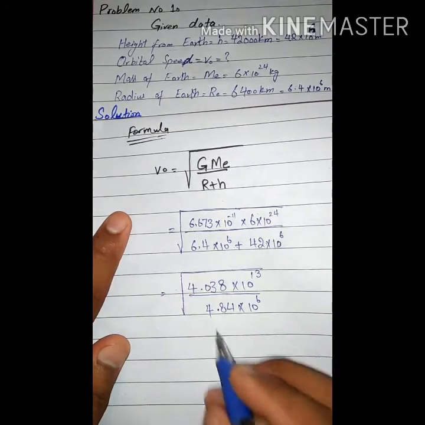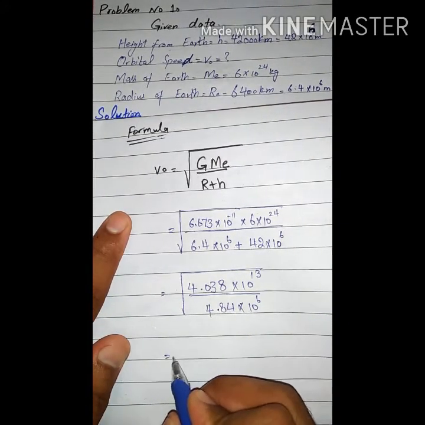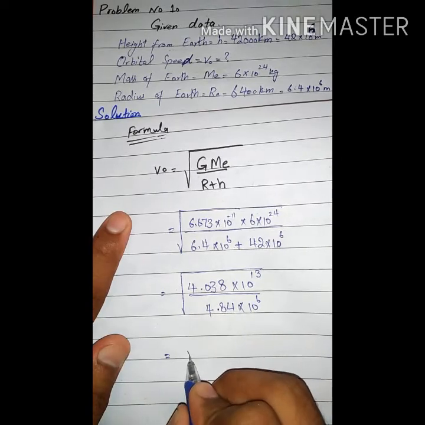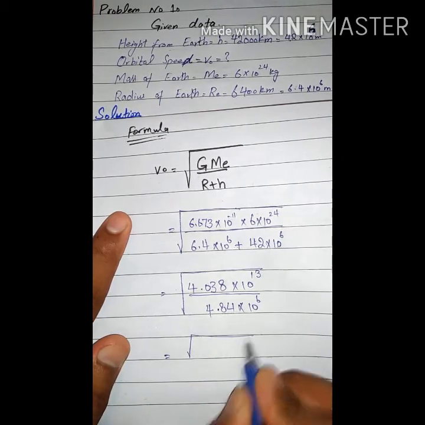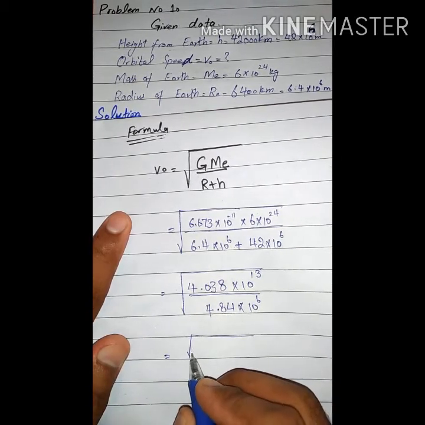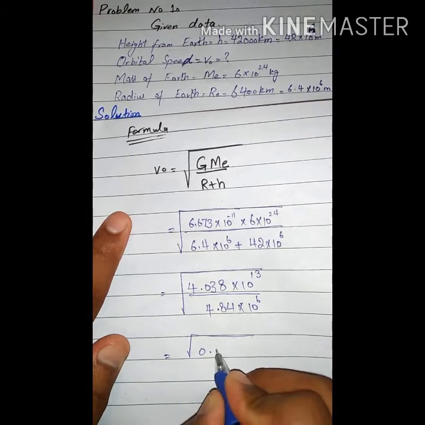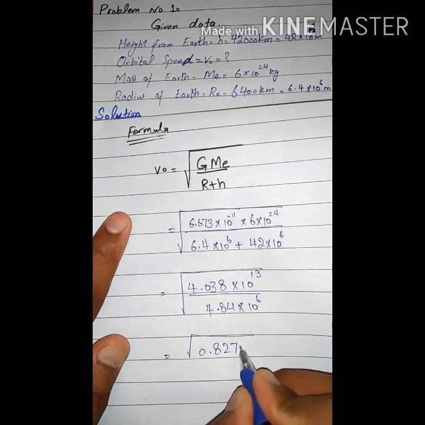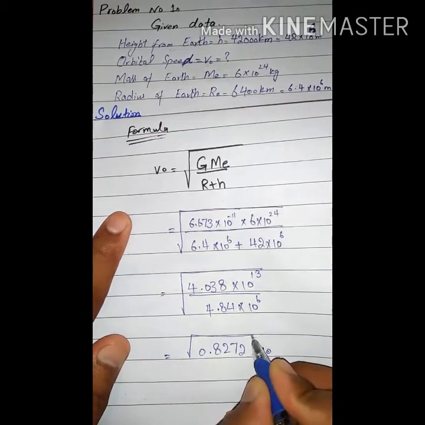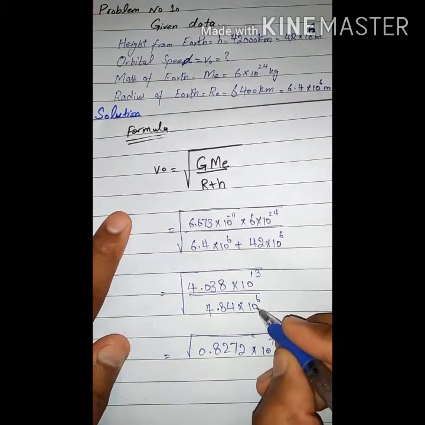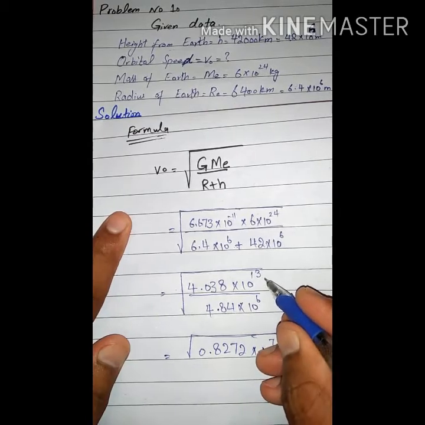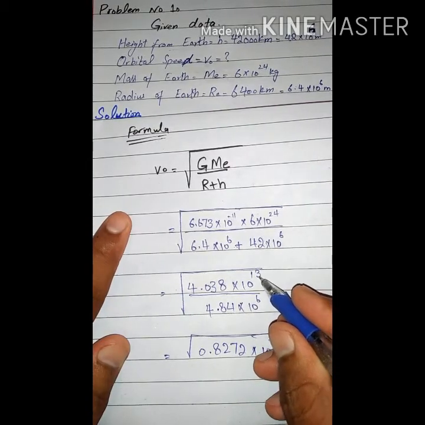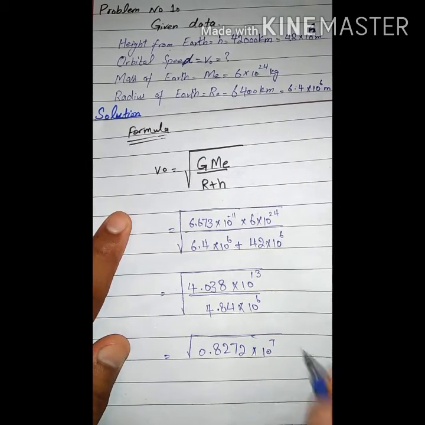Now by dividing these values we will get 0.8272 multiplied by 10 to the power 7. When 10 to the power 6 goes upstairs, it will be subtracted, and 13 minus 6 is equal to 7.